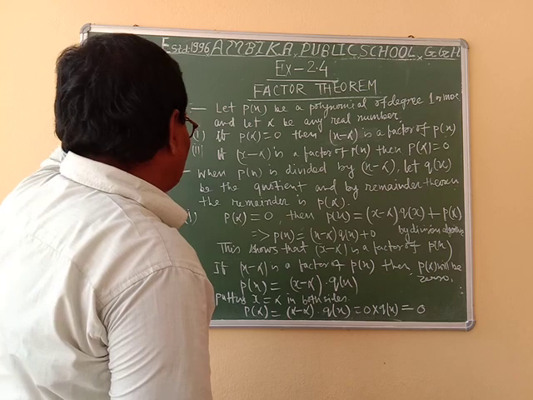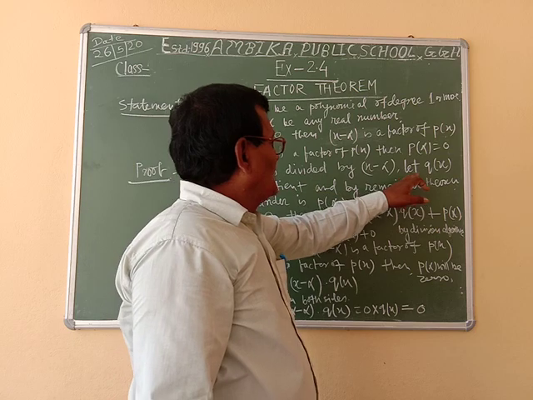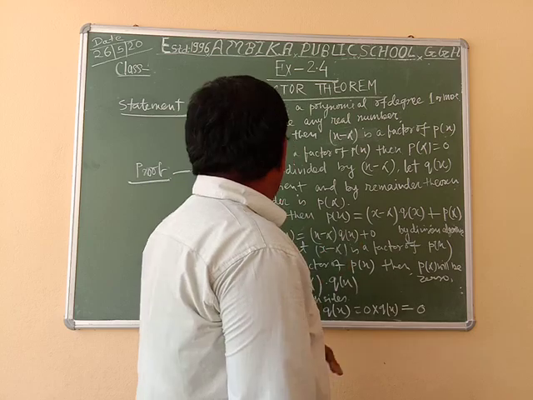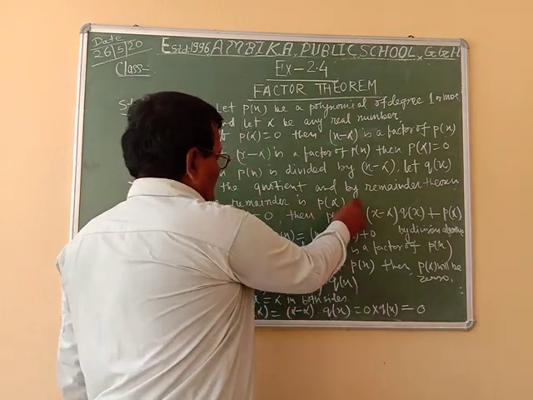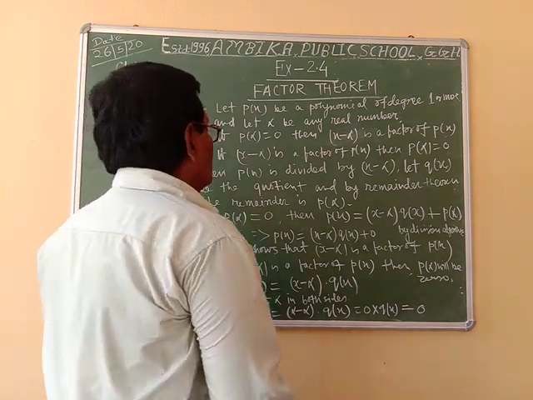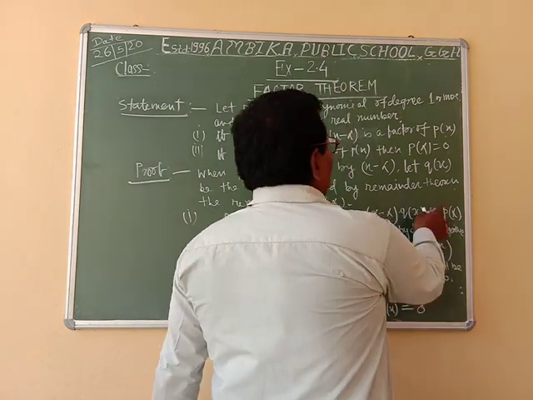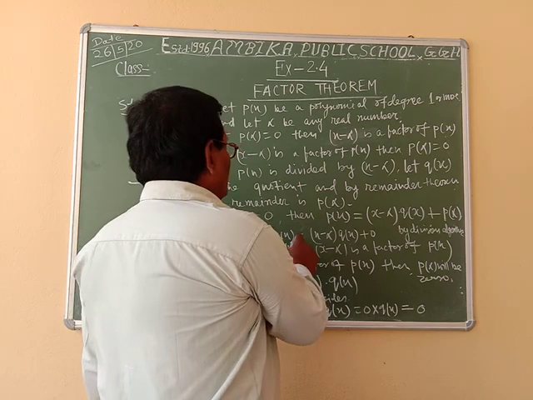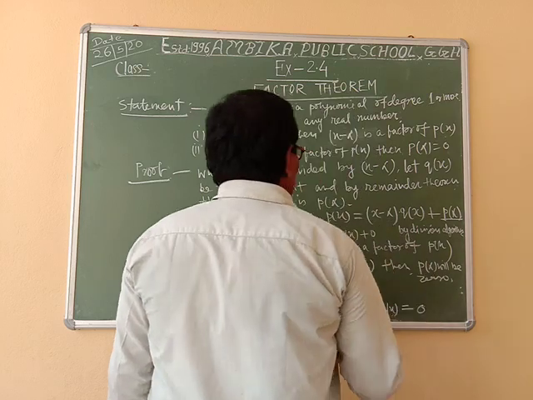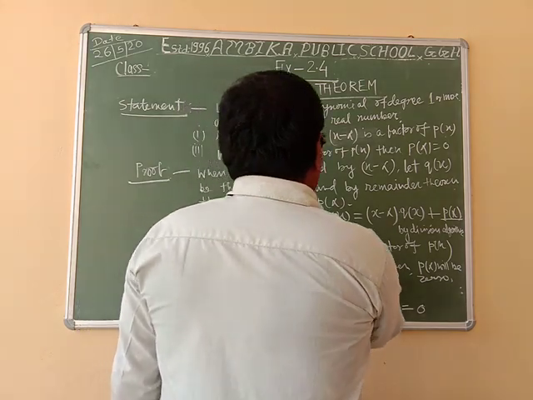We know by remainder theorem, when Px is divided by x minus alpha, let Qx be the quotient. Then by remainder theorem, the remainder is P alpha. So using this theorem, here P alpha = 0, then Px = (x minus alpha) into Qx plus P alpha, or Px = (x minus alpha) into Qx plus, here P alpha = 0. So putting this value 0, Px = (x minus alpha) into Qx.